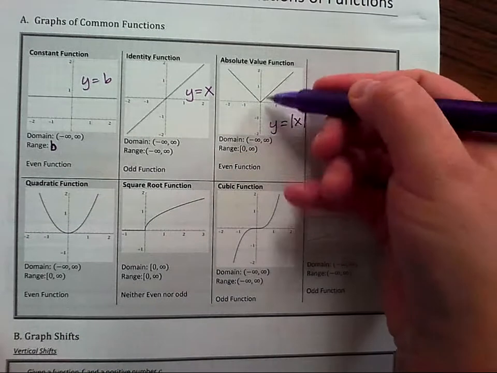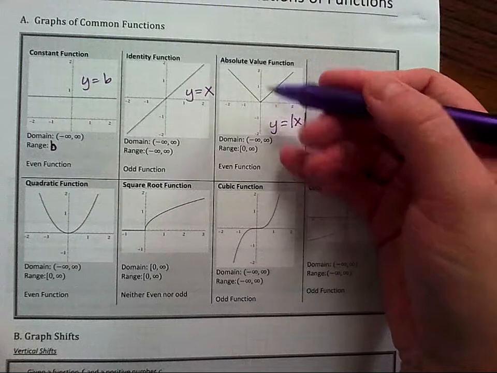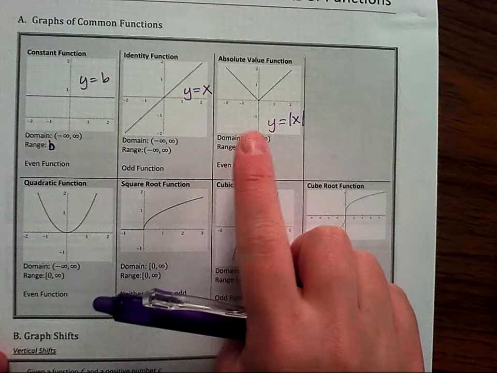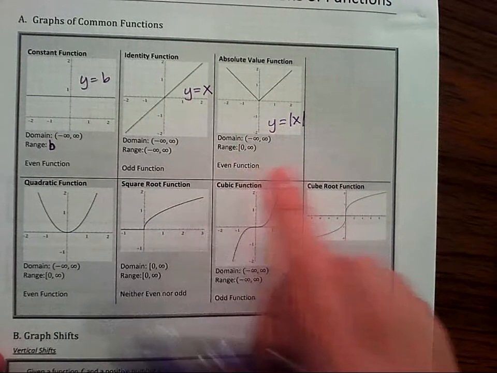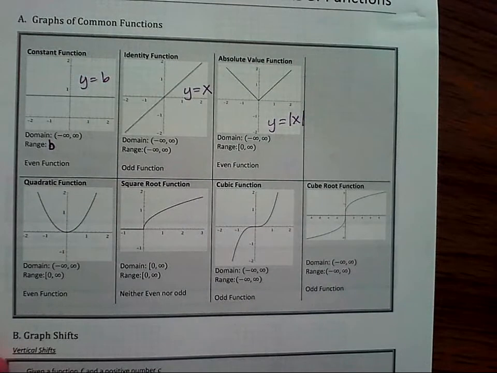The y values are always positive, right? Bless you. If I do the absolute value of any number, it comes back as positive, right? So that's why the range is 0 to infinity. And this is an even function. It's reflected over the y-axis. Good?